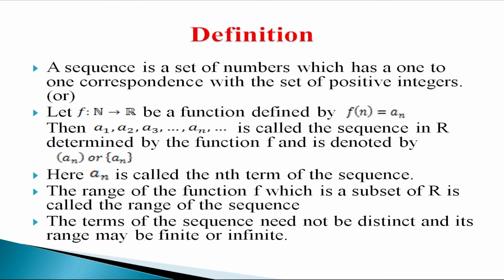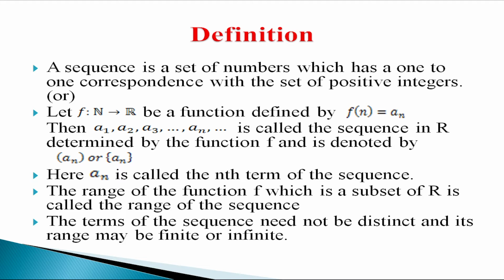Next, let us see the concrete definition of a sequence. Let f from N to R, where N is the set of natural numbers and R is the set of real numbers, be a function defined by f of n is equal to an. Then the sequence is a1, a2, a3, etc., an, etc., and this sequence is denoted by bracket an.